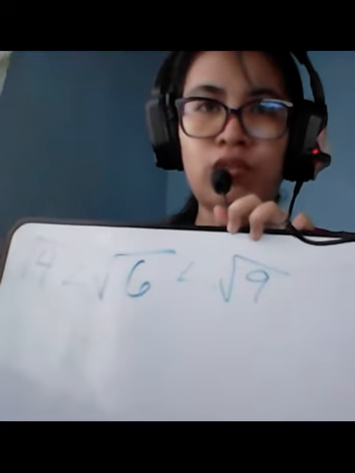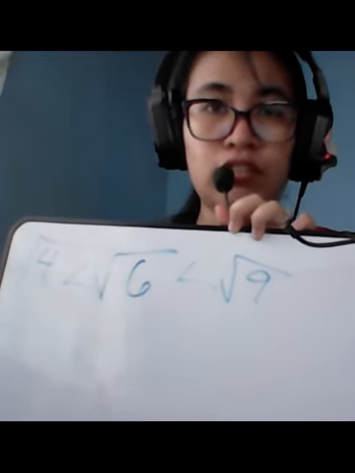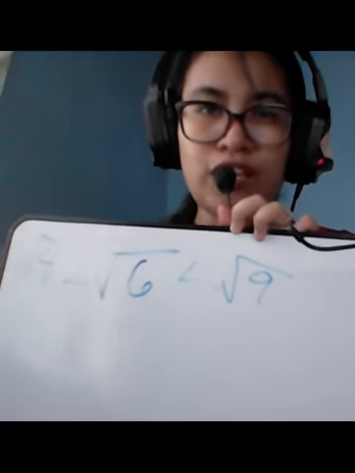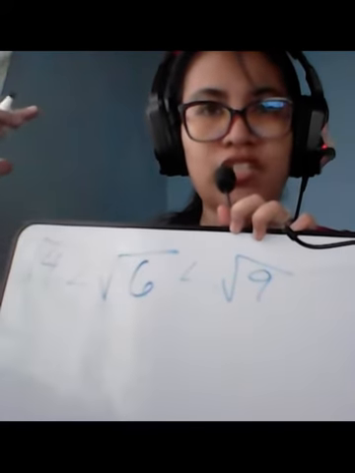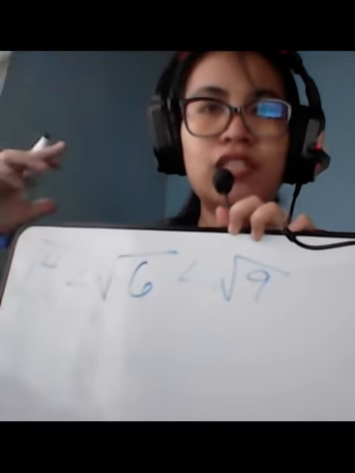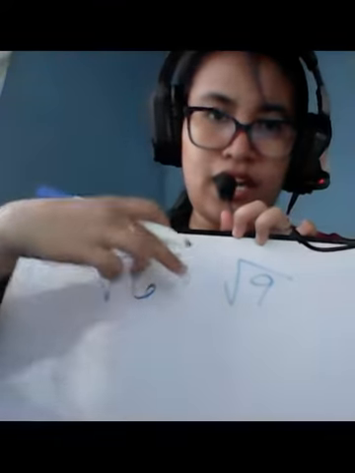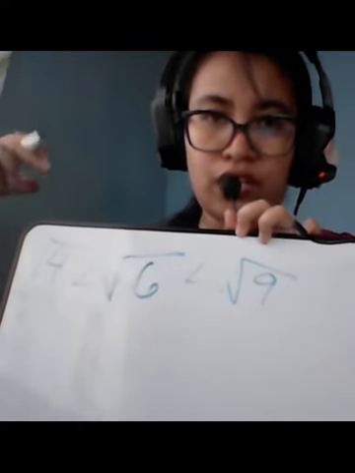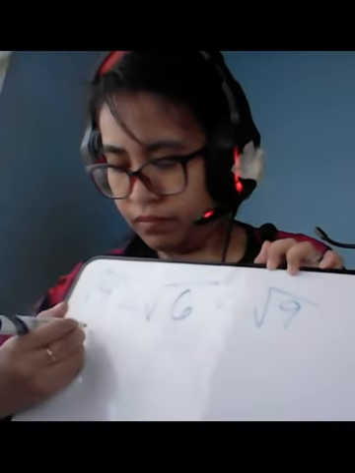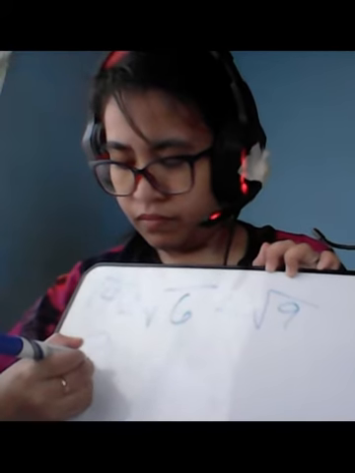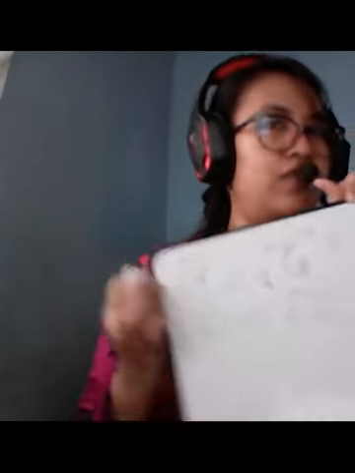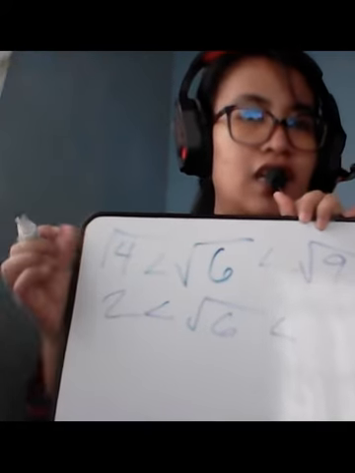This time, since the only question asked is to determine between which two consecutive integers, we just need to find the square root of those 4 and 9. So the square root of 4 is 2. And the square root of 9 is 3.